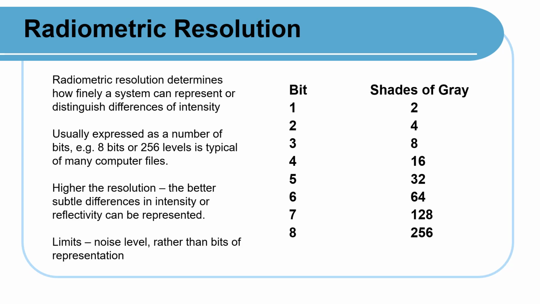Most computer files are 8 bits, which is 2 to the 8th power or 256 shades of gray. Higher resolution gives us better subtle differences in intensity, and you'll be able to pick out finer levels of reflectivity. There are limits, because with higher radiometric resolution you have more noise in your information.